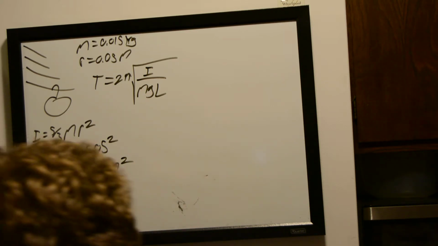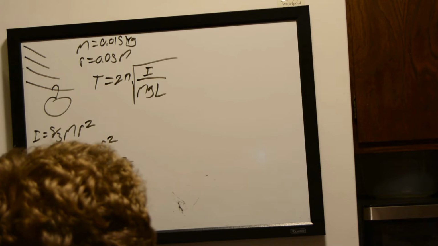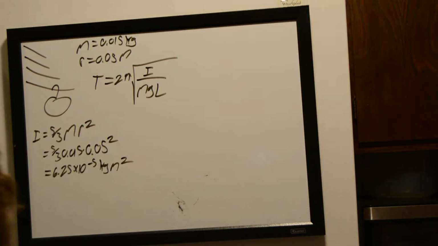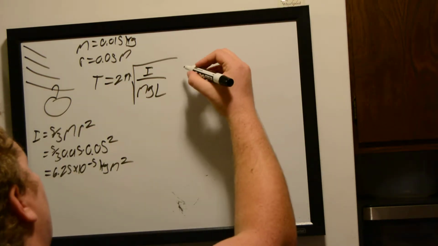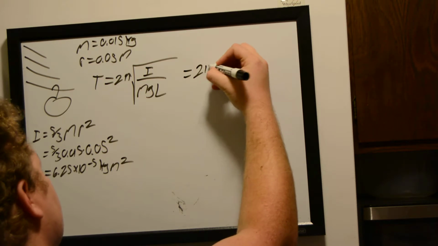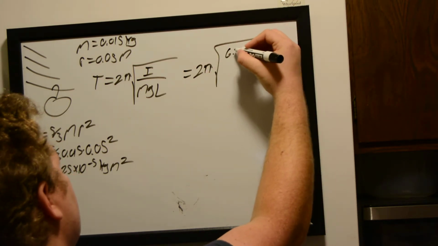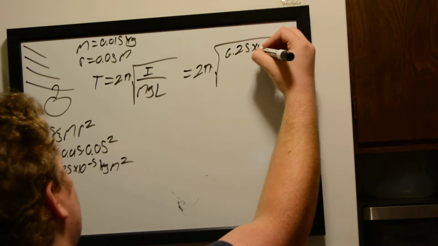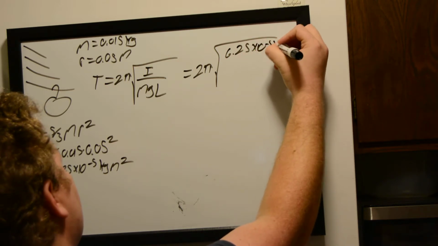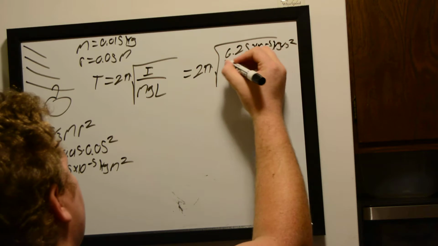So what we're going to do is we're just going to go ahead and plug this into our equation for our period, which is 2 pi square root of 6.25 times 10 to the negative 5 kilogram meter squared.